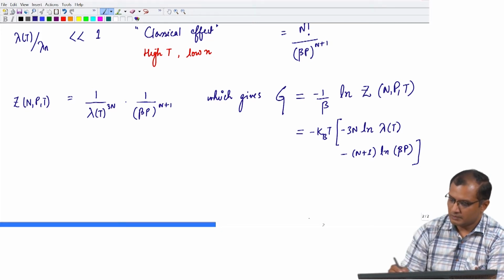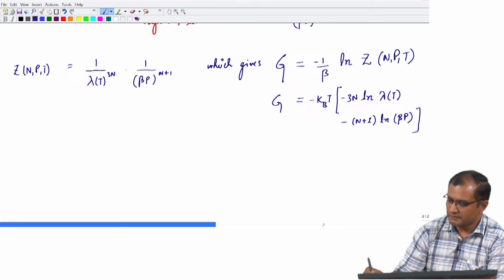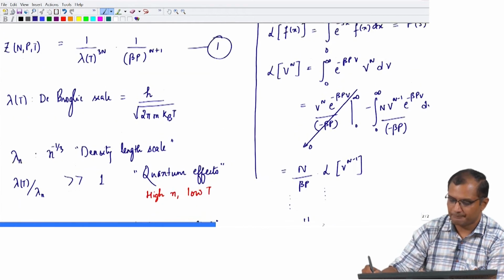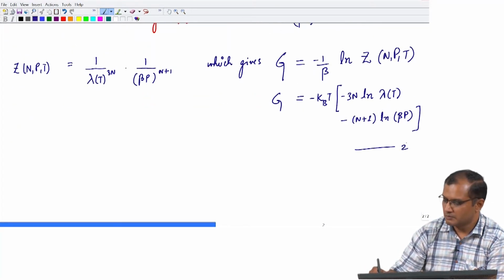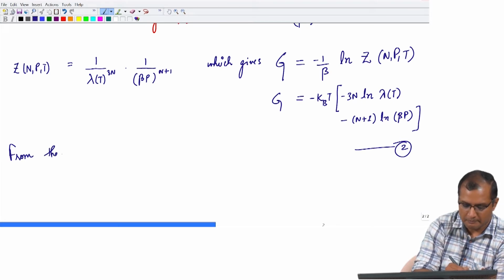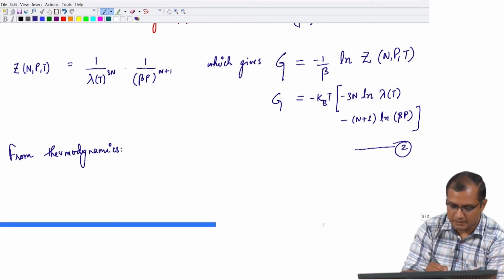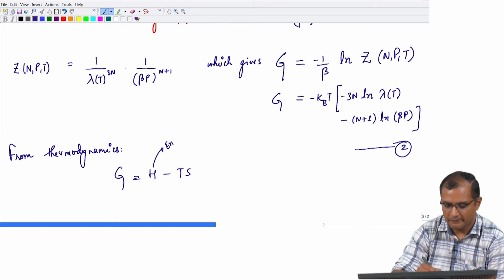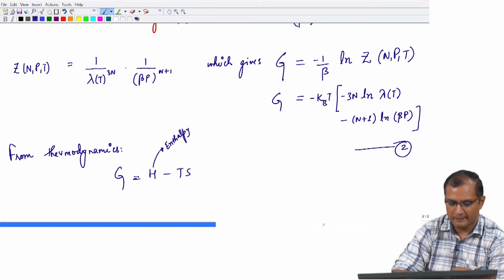Now, I already know that my Gibbs free energy. So, let me call this equation 2. From thermodynamics, I know that my Gibbs free energy is written as H minus TS, where H is the thermodynamic enthalpy. Okay.